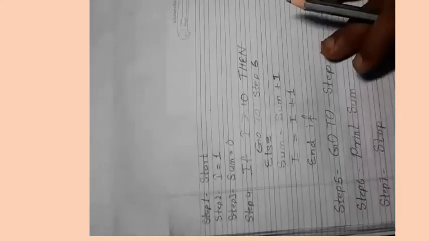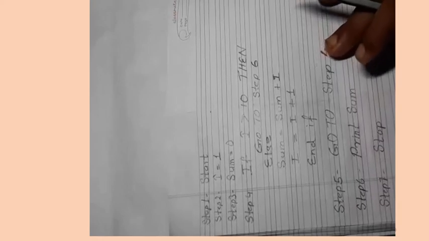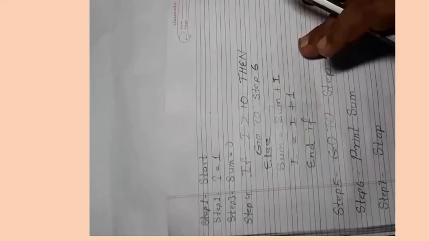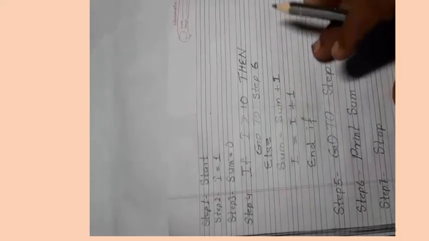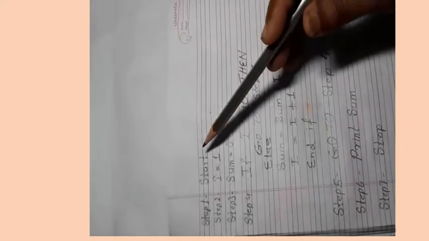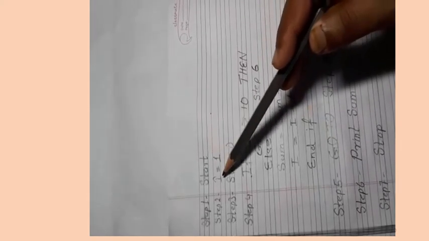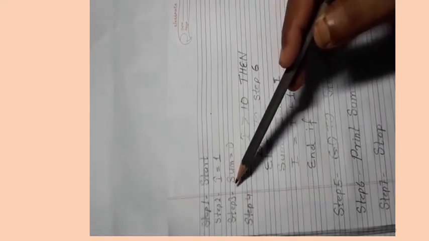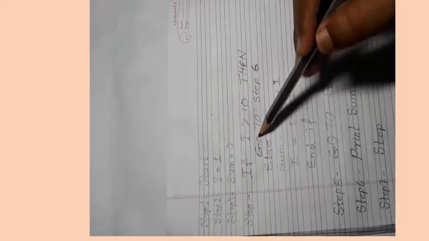The same question, question number 6, we can also do in a slightly different way. This concept was done a little bit by one of your friends. I have made some modification in it to make it more correct. So it goes like this. Step 1, start. He has taken I is equal to 1, sum is equal to 0. Now here we are going to check for I, if I is greater than 10.